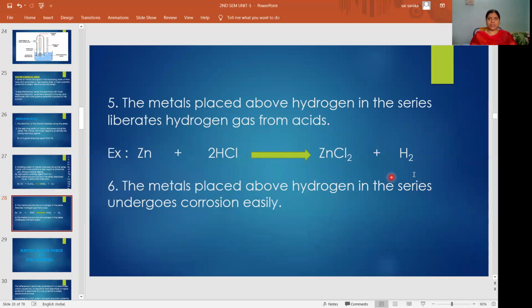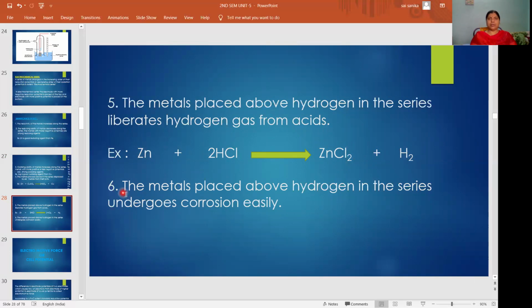Hydrogen gas will be liberated and corresponding salt will be formed. So this one we studied in acids and bases also. When metal is added to acid, it liberates hydrogen gas. So zinc is added to hydrochloric acid, zinc chloride and hydrogen gas is liberated. So according to this series, the metals which are above hydrogen in the series liberate hydrogen gas from acids.